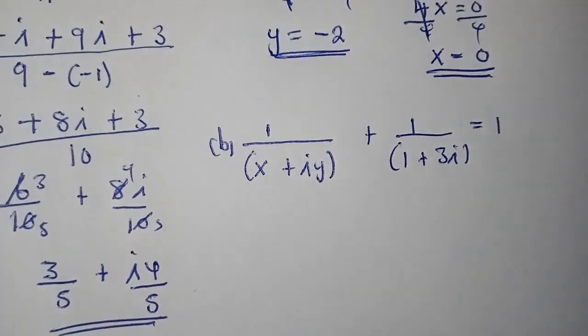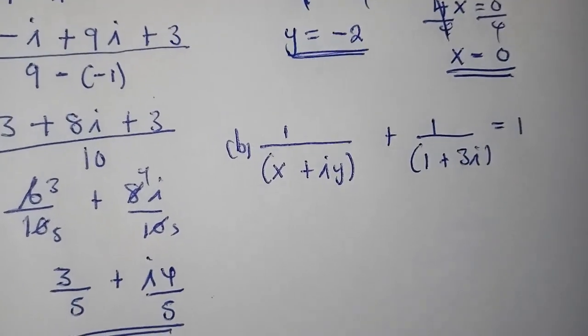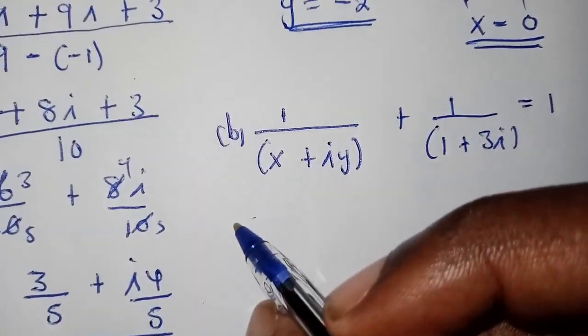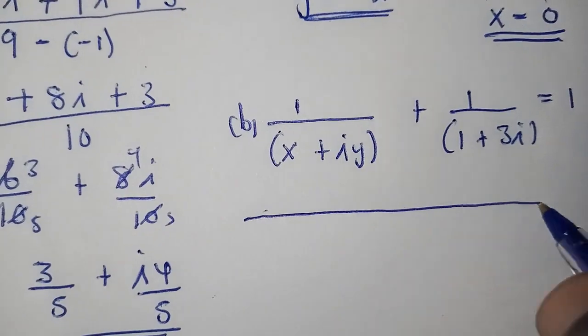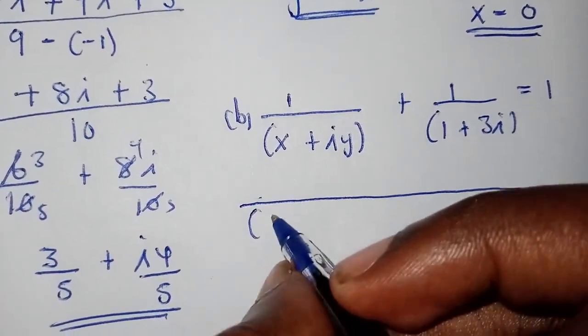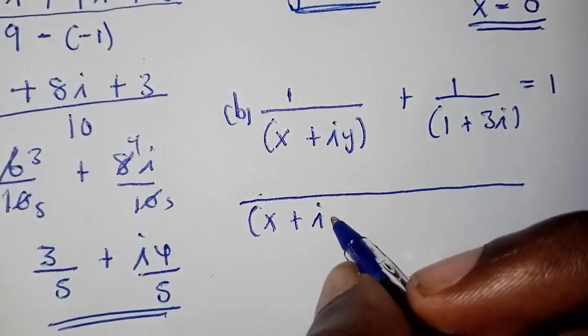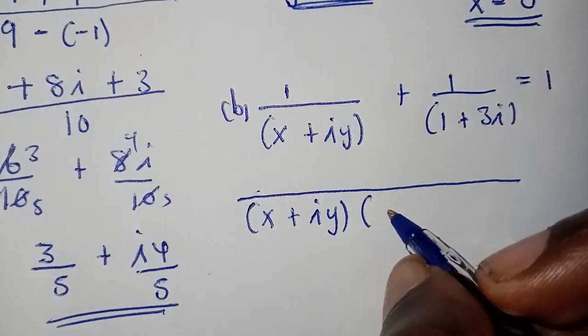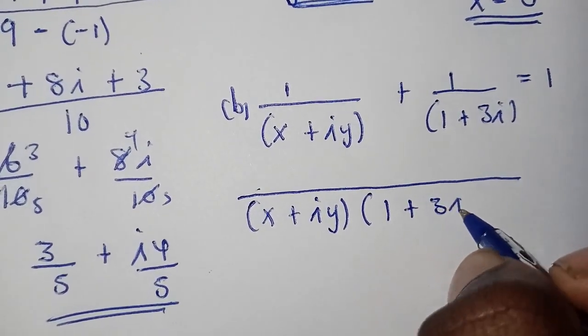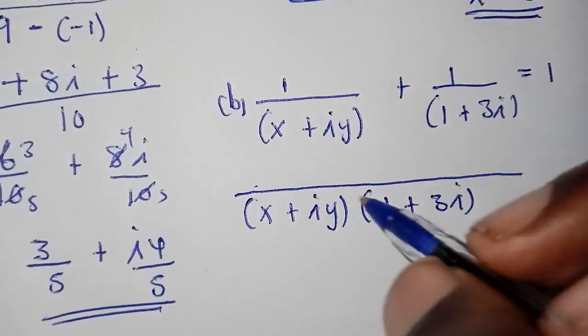This one is very simple. How you solve it is like this. First of all, we will deal with the denominator. So the denominator is simply (x + iy)(1 + 3i).